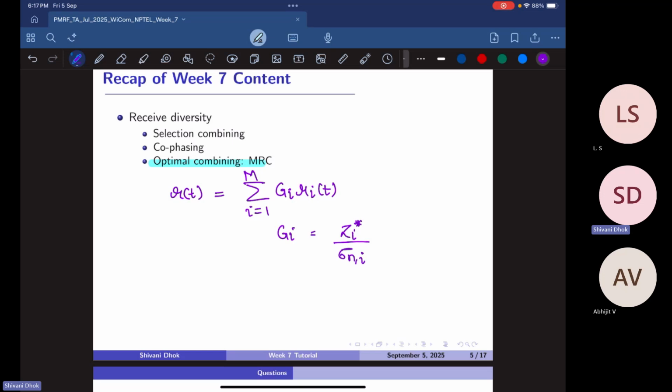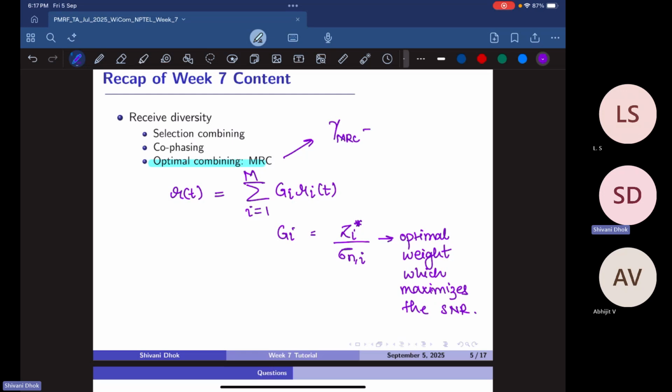This is the optimal weight which maximizes the SNR.